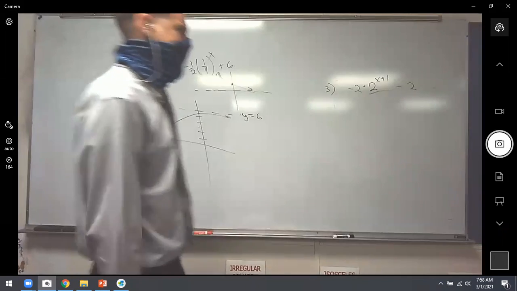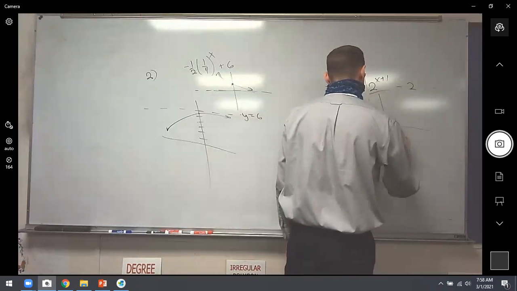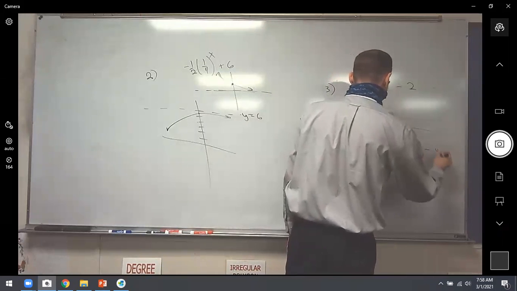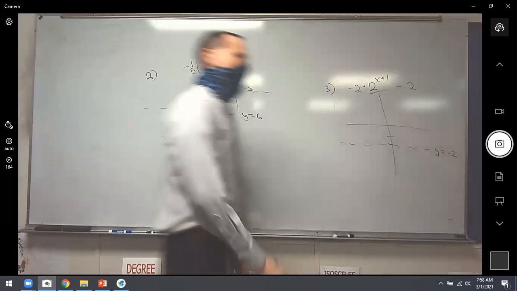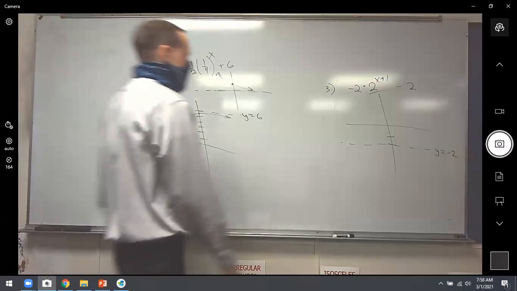So right off the bat, things are moved down 2 without even putting any thought into it. That means this thing's going to level off somehow down at y equals -2. That shift always moves it down. All these ones, the ones that increase or decrease by default, level off to 0. So if you just look at the shift up and then in the end, you can move it up and down.